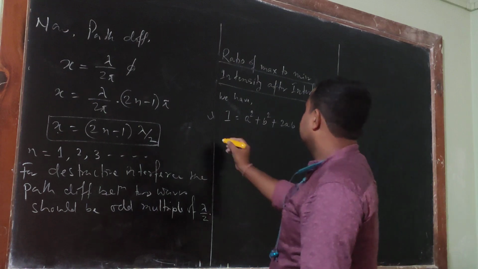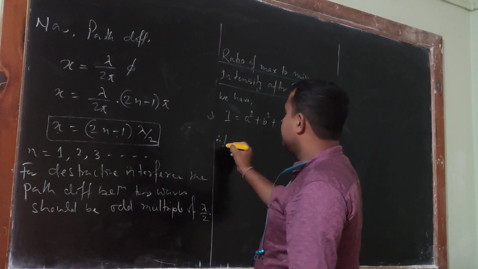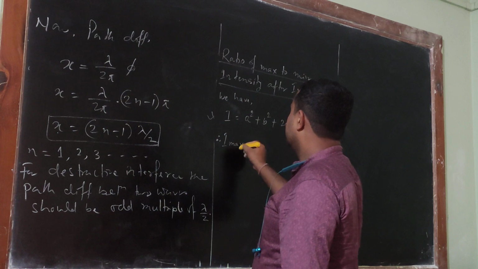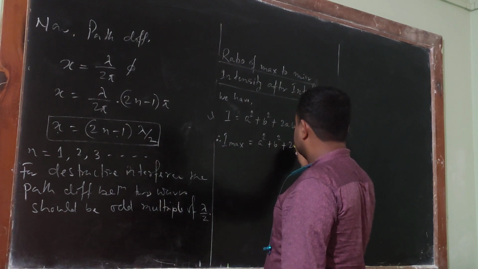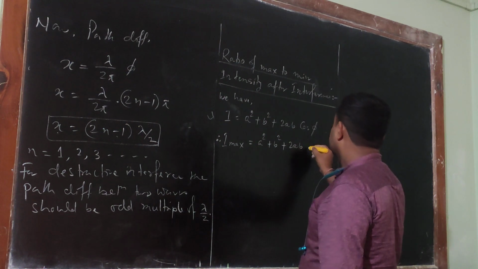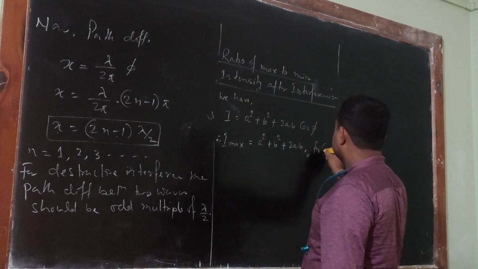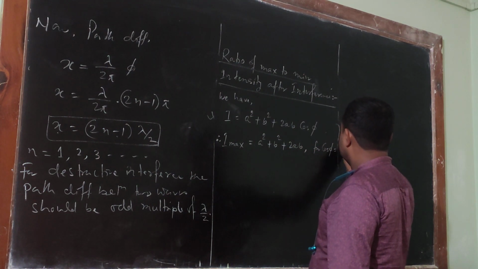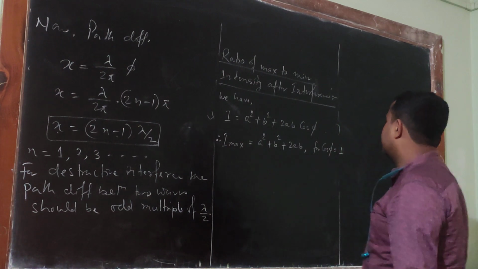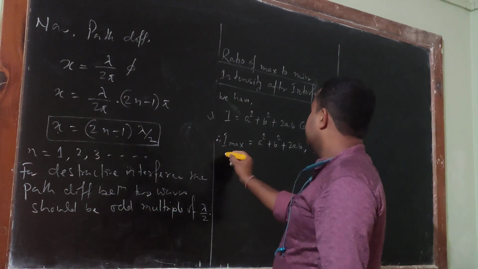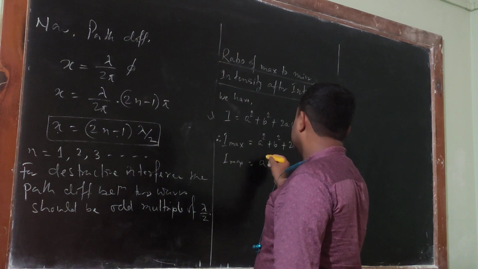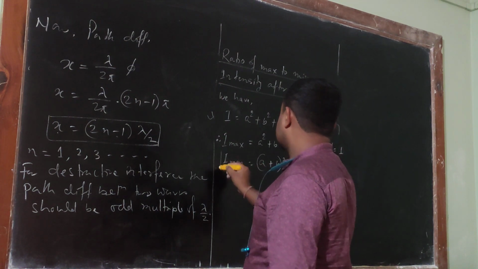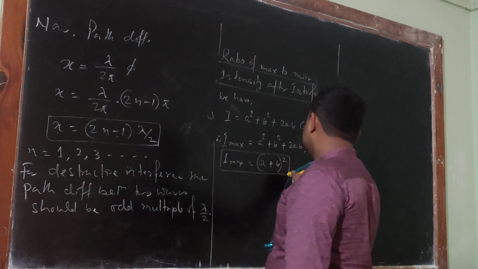So here you see, therefore your I max will be a square plus b square plus 2ab for cos phi equal to 1, because the maximum value of cos is 1. So I max will be (a plus b) whole square. So this is the expression for maximum intensity.